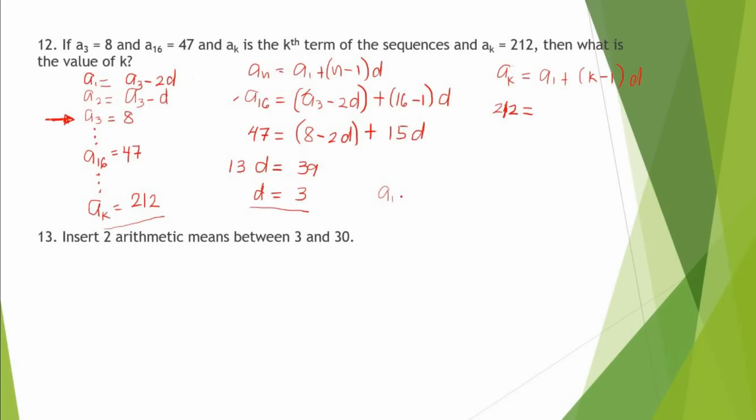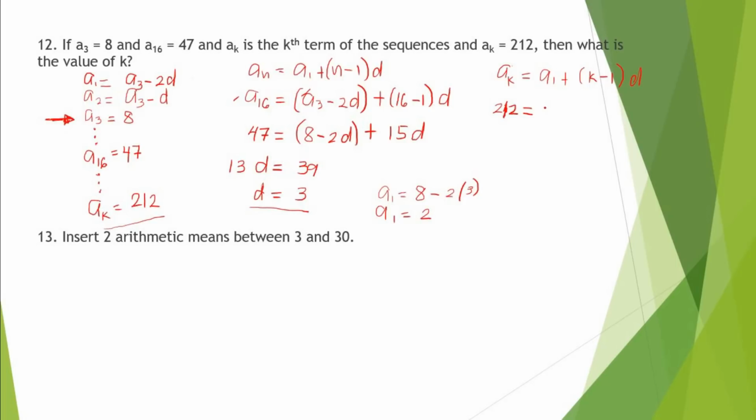Our A1 is equal to A3. Our A3 is equal to 8 minus 2 times 3. Our A1 is equal to 2.